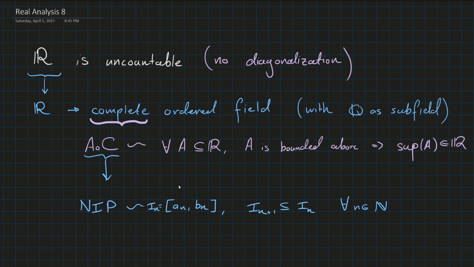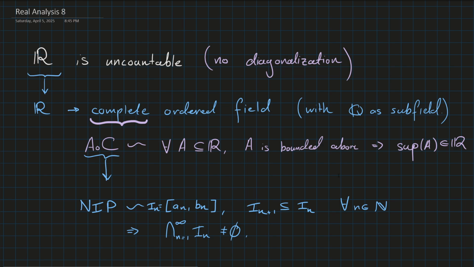That means that each I_n is a superset of the next one, or the next one's always in the previous one. Then this implies that the infinite intersection of all these sets is non-empty. And that's the nested interval property of R, I should say.